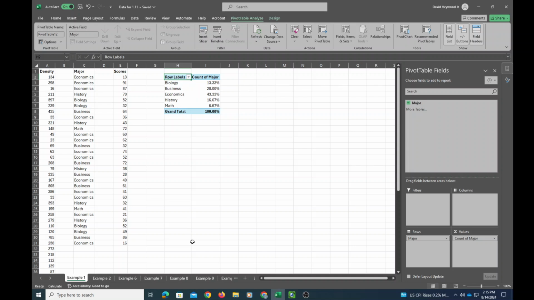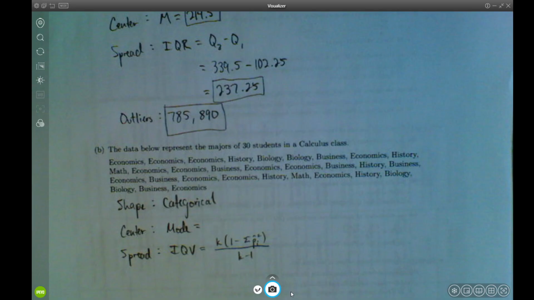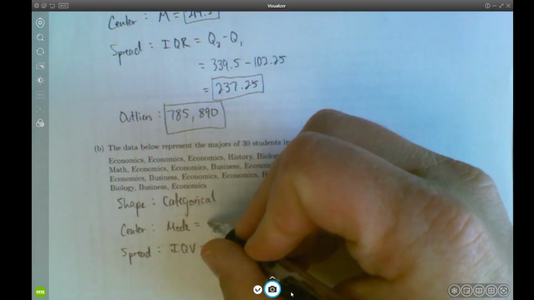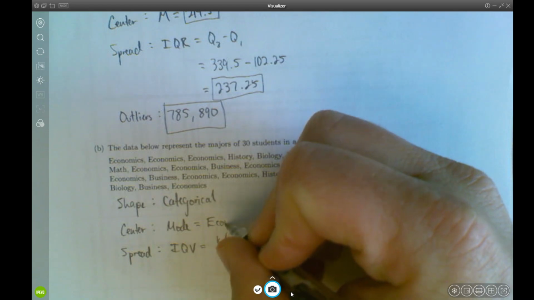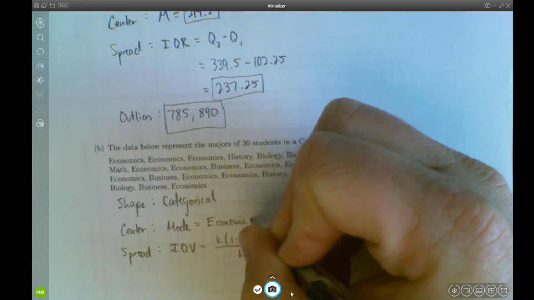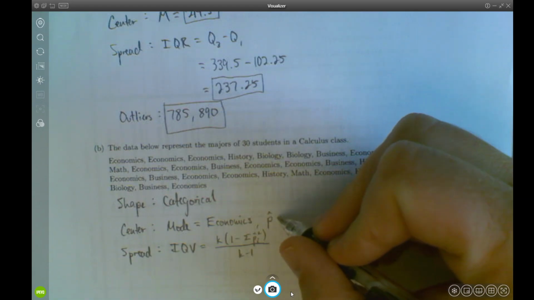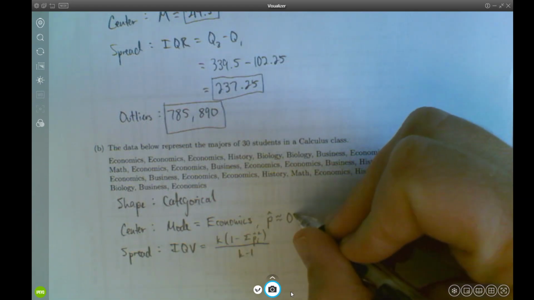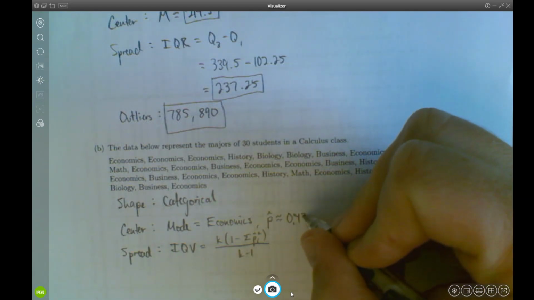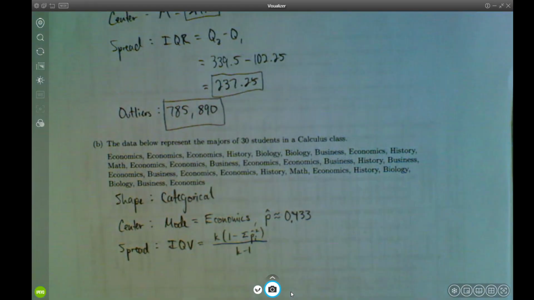So our mode would be economics, and our modal proportion would be 0.433, or 43.3%. So our mode is economics, and our modal proportion is about 43.3%, or 0.433.